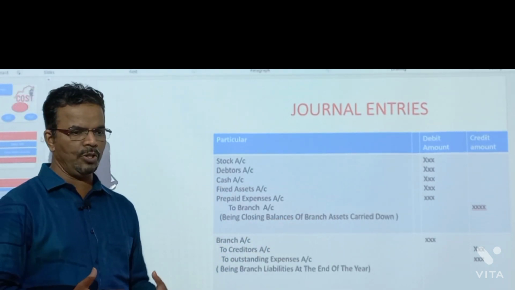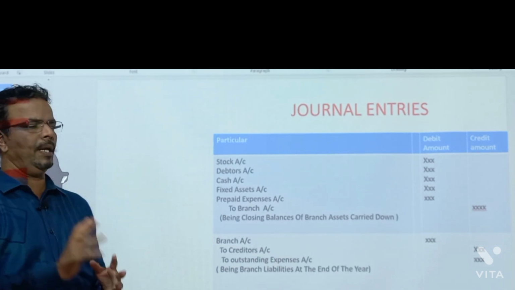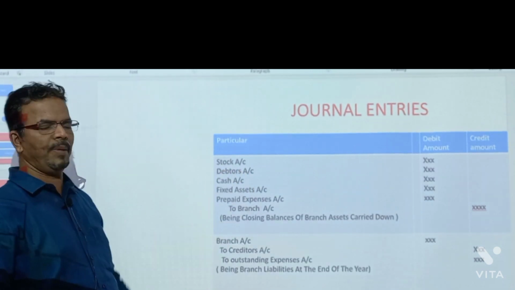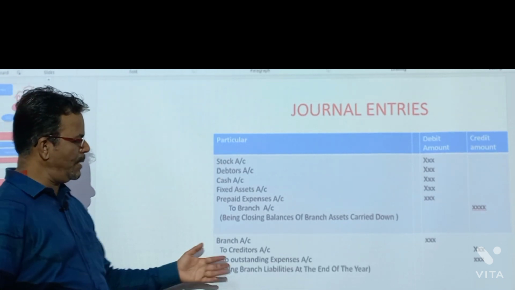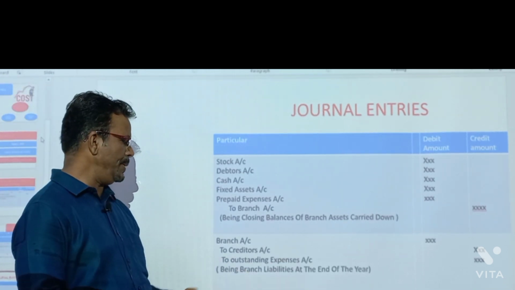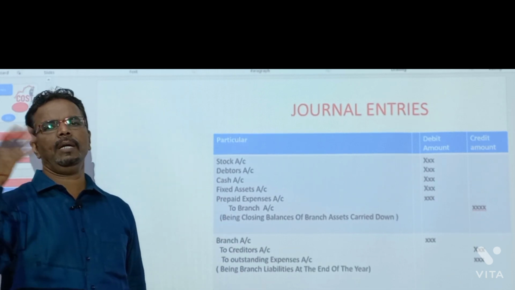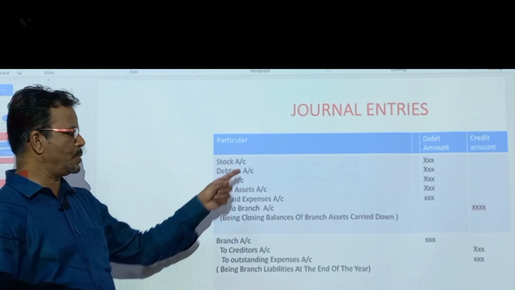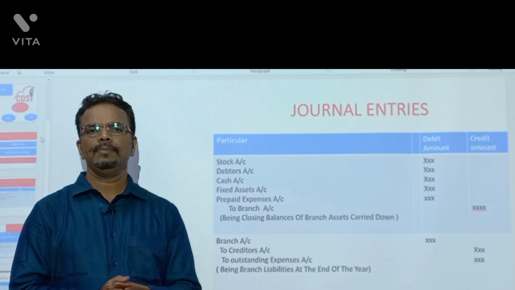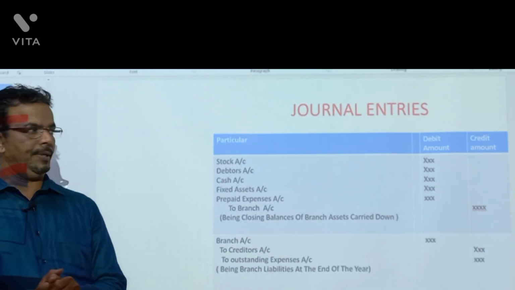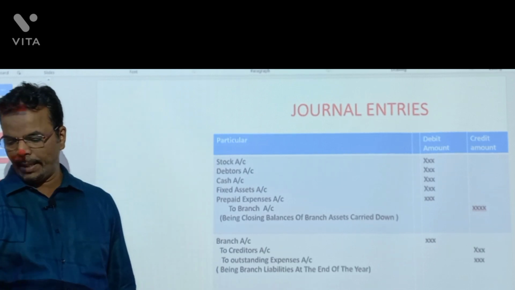This time closing balance, next year opening balance. So this closing balance will become the next year's opening balance. Similar to the liabilities, this time closing, next time opening. So these two we have to pass in the next year. So these are two very important journal entries in the books of head office.